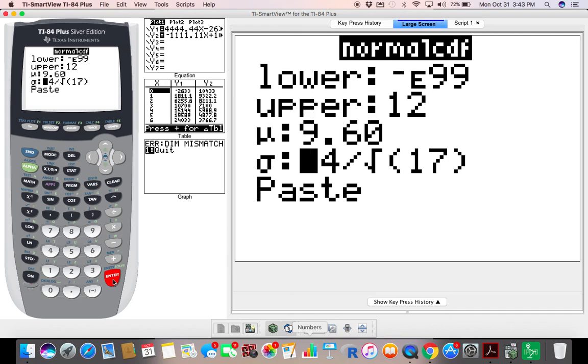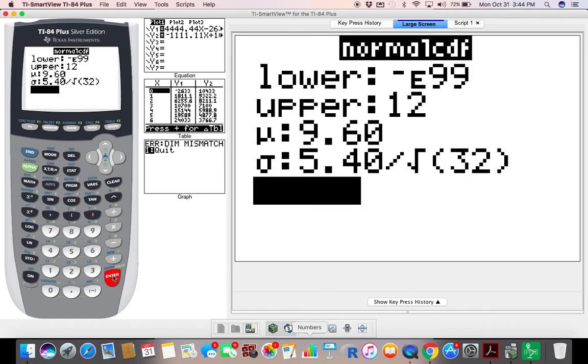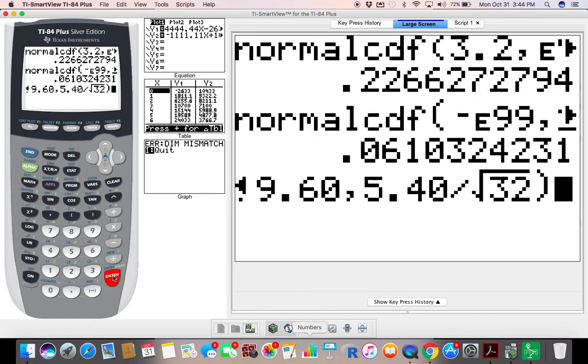The standard deviation becomes the standard error because we have 32 parties. Paste, and you'll see we get the same answer.